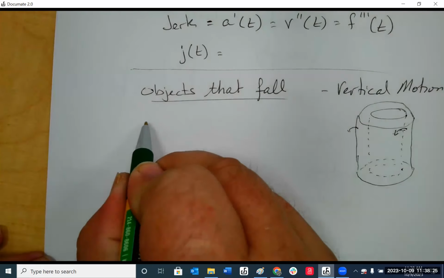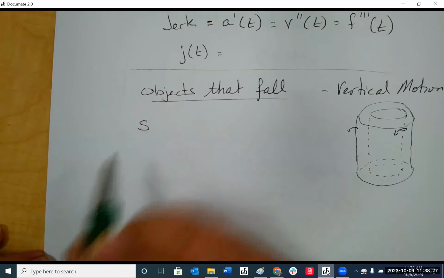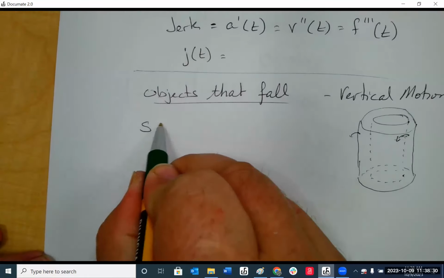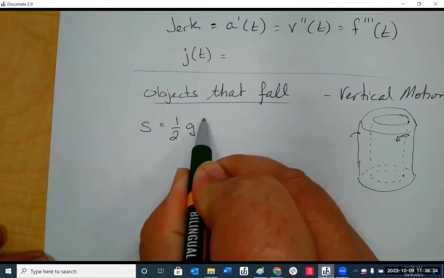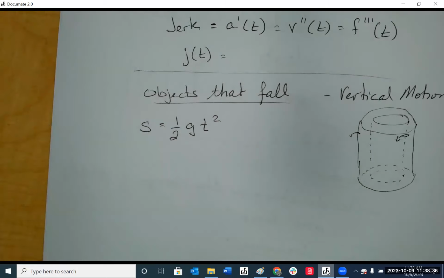So what we're looking at here, our displacement, this is what Galileo came up with.